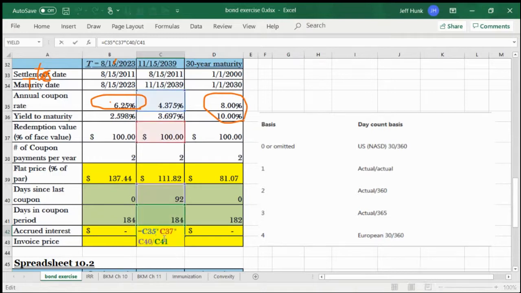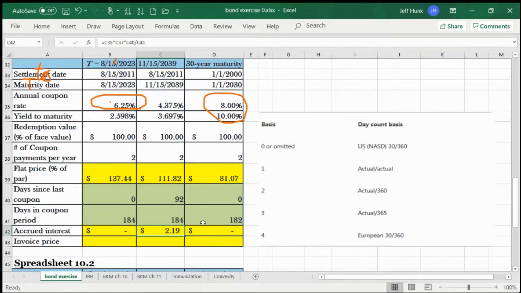Let's see. So C35, right? Coupon rate times 100, right? So it's actually $1,000 times 92 over 184. 92 days have passed. So then accrued interest is, you might say, oh, $2.19.